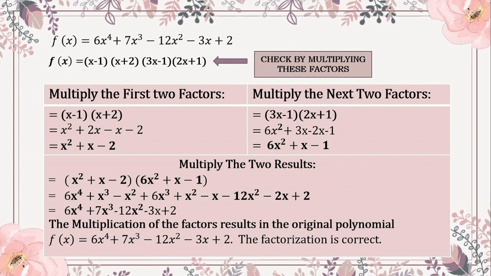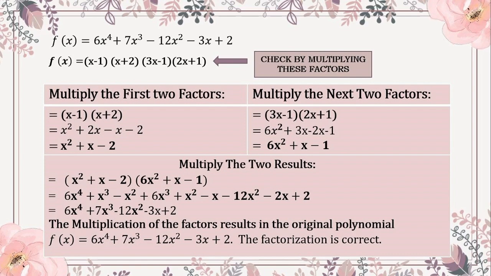We are going to check first by multiplying the first two factors, which is the quantity of x minus 1 times x plus 2.